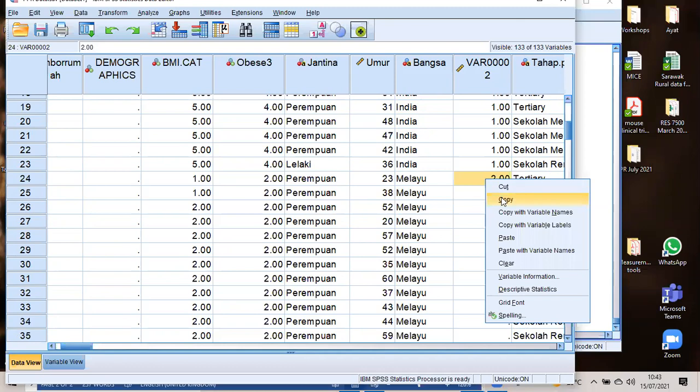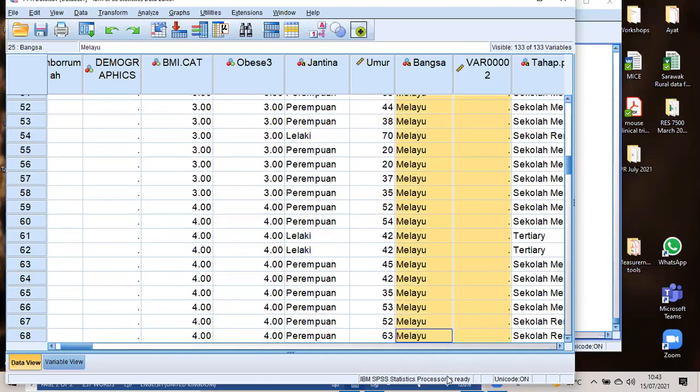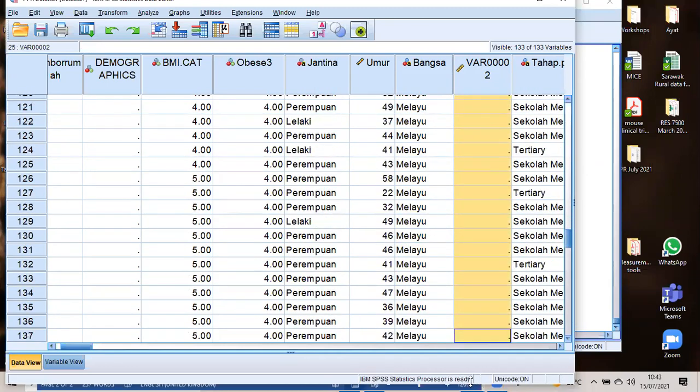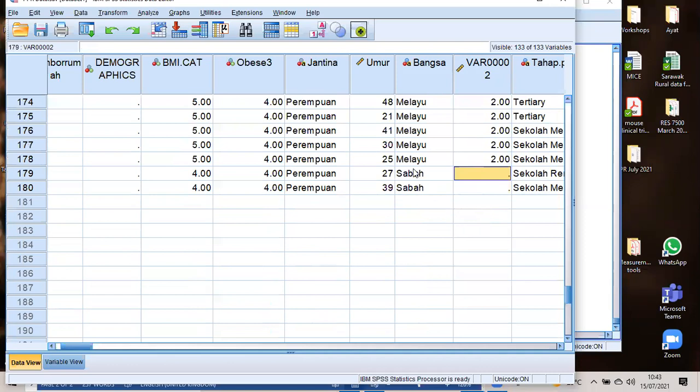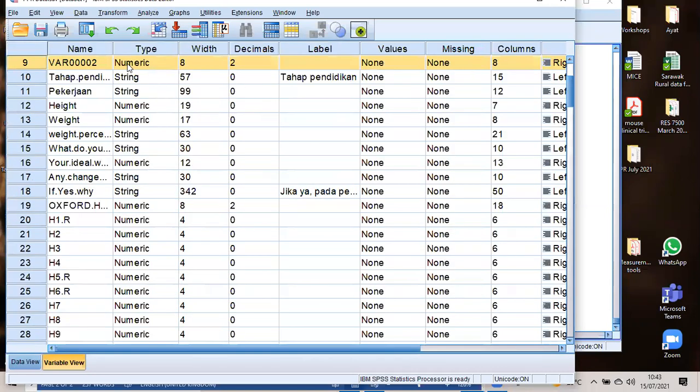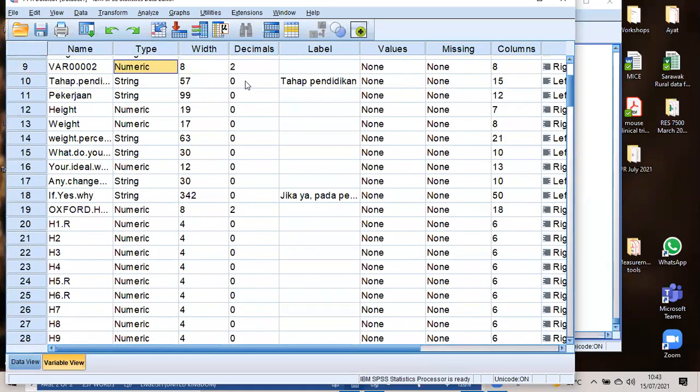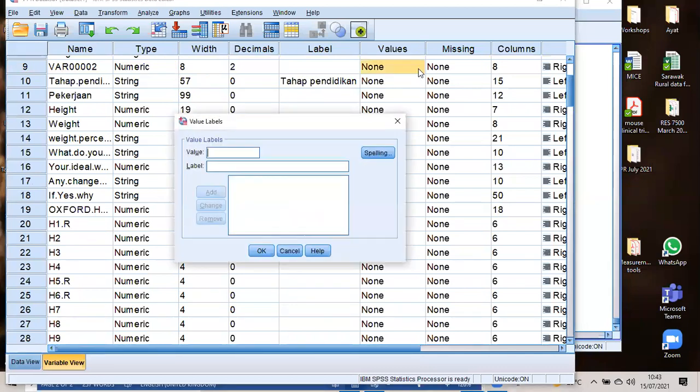These 2. The Sabahan, I leave blank. So what I've done is I'm not including Sabahans in the analysis. This can be done if the variable is numerical. It's numerical now. So here, what's 1? 1 is Indian, 2 is Malay.